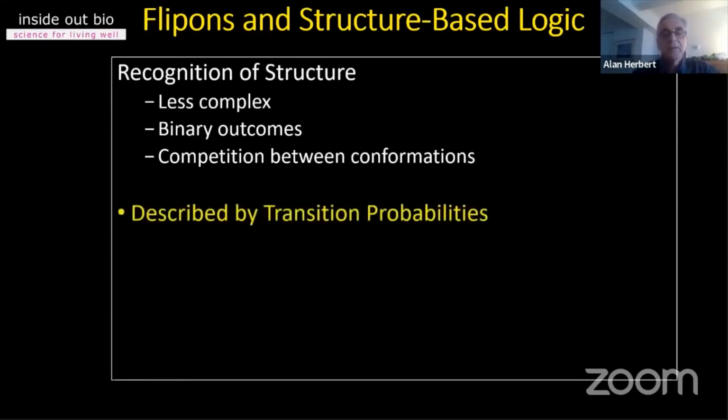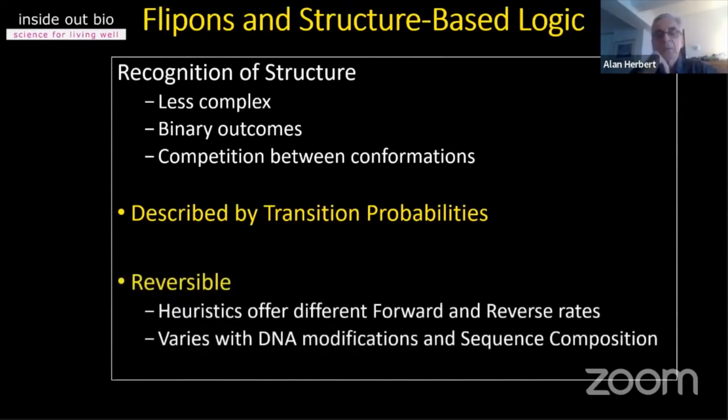And so rather than talking about string operations, what we're talking about with Flipons and structure encoding is transition probabilities. Basically it's a measure of how hard it is to flip from B to some other conformation.